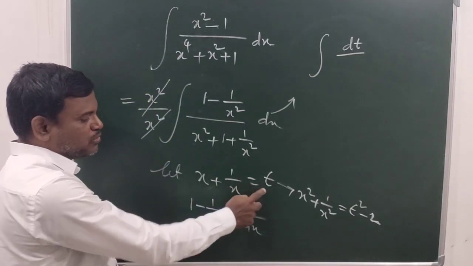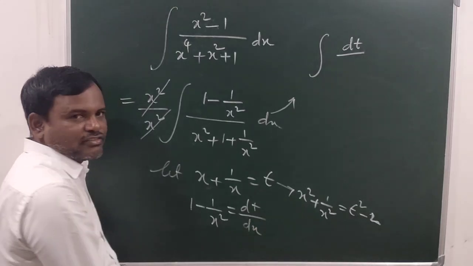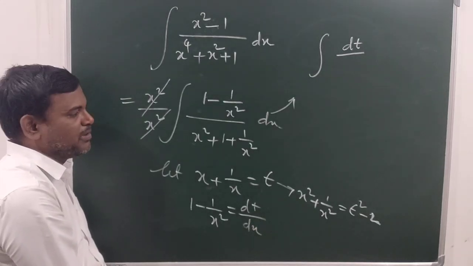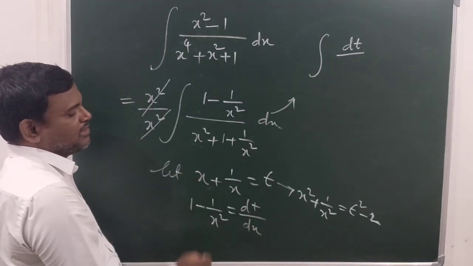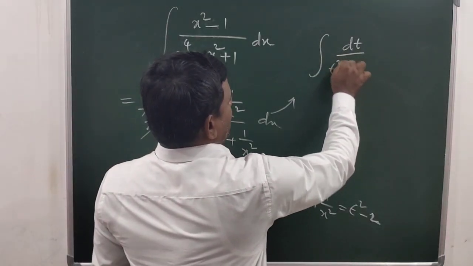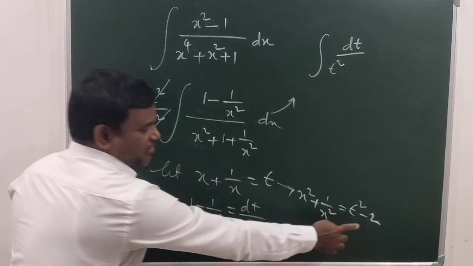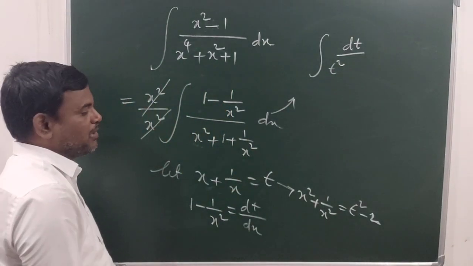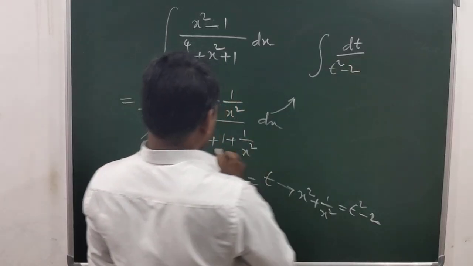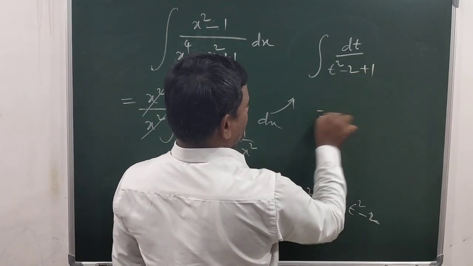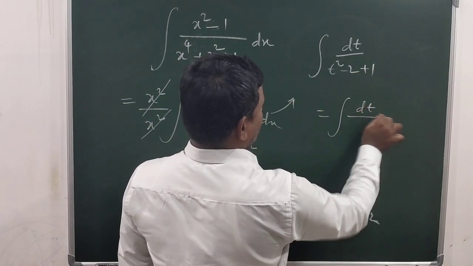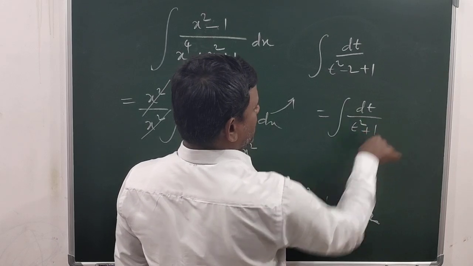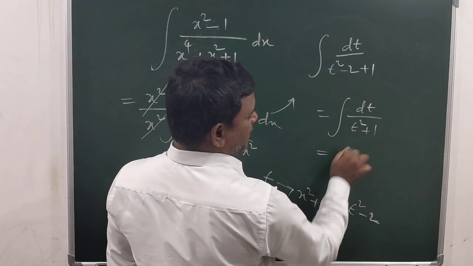If you take square on both sides for this, you will get x square plus 1 by x square equal to t square minus 2. So in place of x square plus 1 by x square, I am writing t square minus 2. So here plus 1 is there. So finally it becomes dt by (t square plus 1), which is nothing but tan inverse of t.